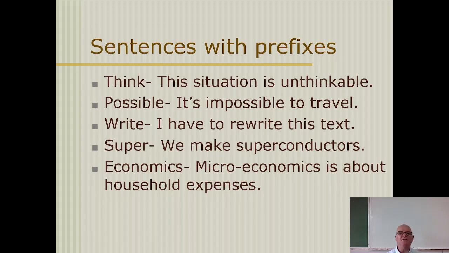Now here we have sentences with prefixes. On the left side you see the base words, right? Think, possible, right, super, economics. Now when we add a prefix before the main base word, it is changing.